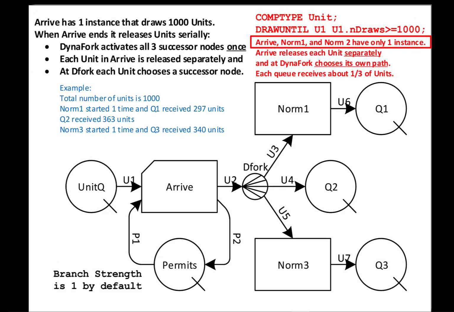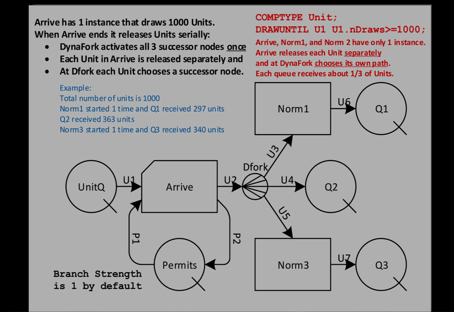It is important to notice that in this model, there will be only one instance of activity arrive, only one instance of activity norm1, and only one instance of activity norm3. Yet each one of those instances, for norm1 and for norm3, will receive about 333 characterized resources.